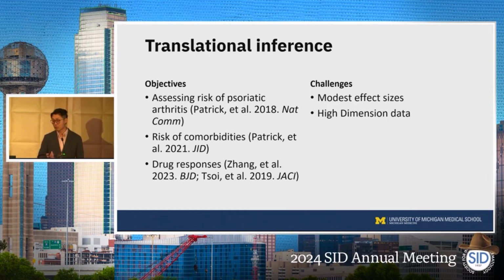For example, assessing the risk of psoriatic arthritis among psoriatic individuals, asking about the risk of other comorbidities like type 2 diabetes, or looking at drug response. For each of these items, we're still talking about individuals that have psoriasis. What is the heterogeneity, the variance between them? Usually this is more modest when compared to case control. We are always dealing with high dimensional data.